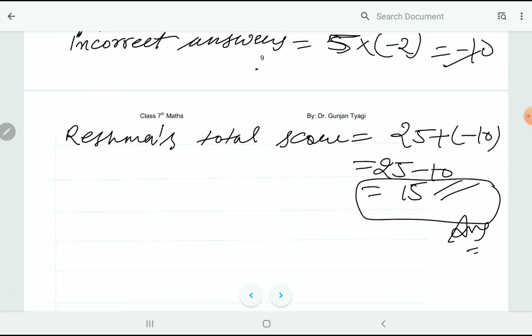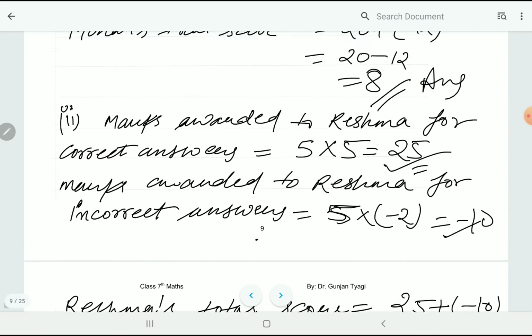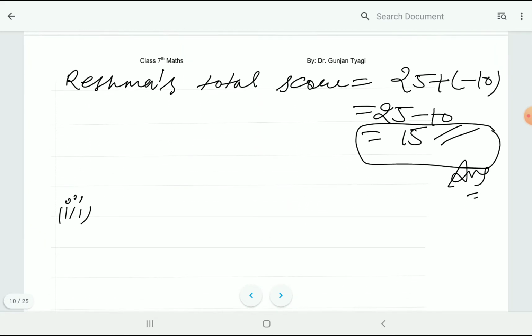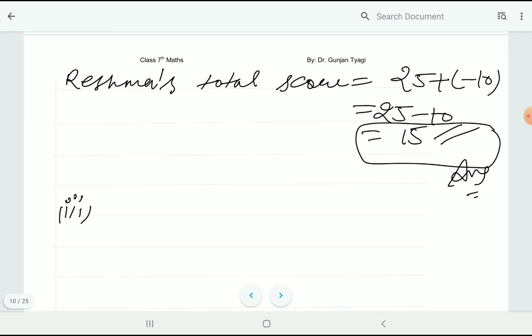Let's do the third and last part of this question. Let's read. Hina gets 2 correct and 5 incorrect answers out of 7 questions she attempted. So Hina's score. Let's write for her.